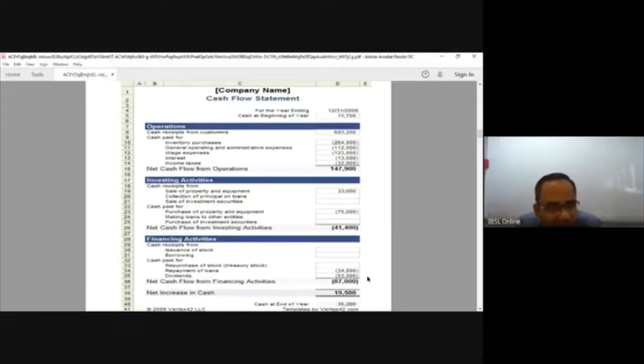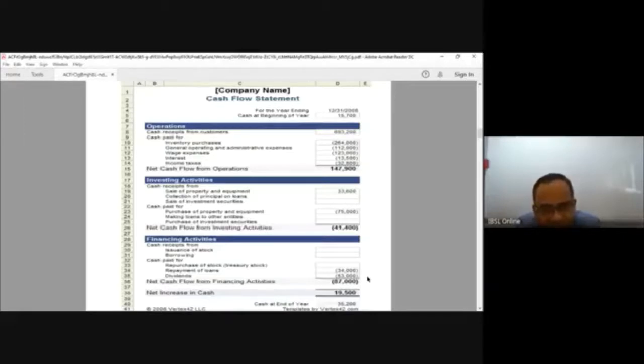Then interest paid, income taxes paid, all other items relevant to operations are reduced, and then cash received from the sales. Actual cash received, which can relate to the previous year or a future year, whatever cash came, you take into account as credit. Others are minus. Then you know how much cash flow is generated from operations.